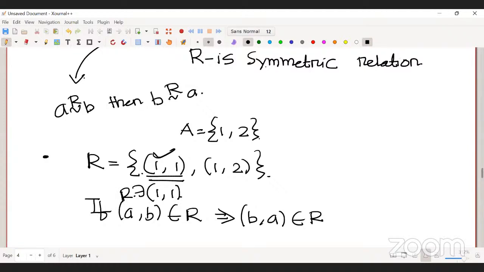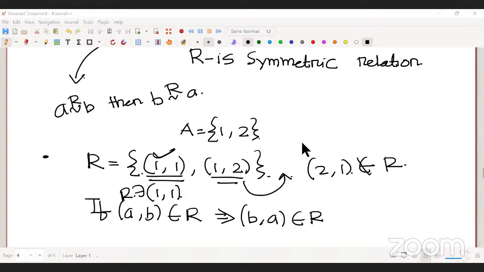What about 1 comma 2? If I flip it, I get 2 comma 1, but 2 comma 1 is not in R. That's why I can say that R is not a symmetric relation.